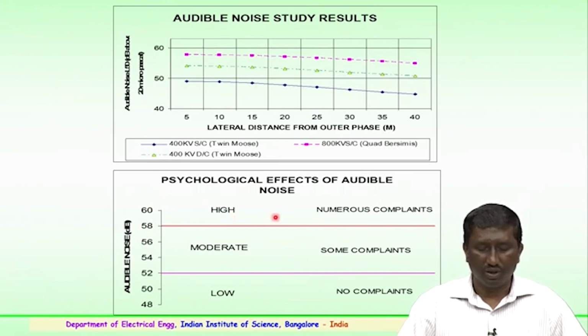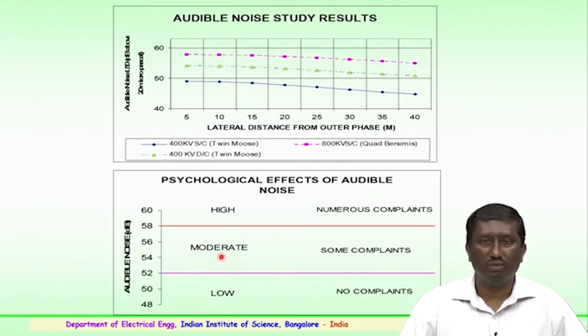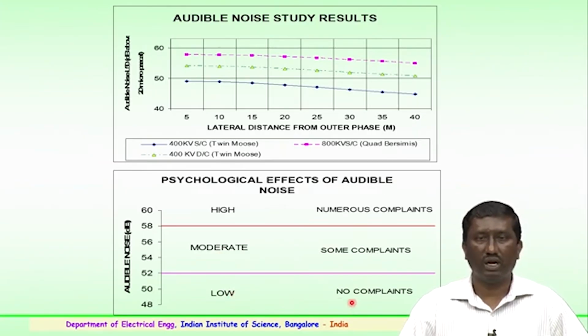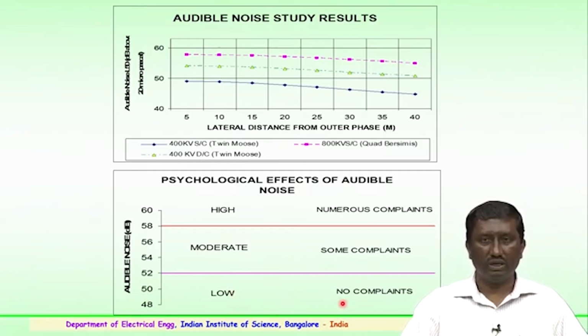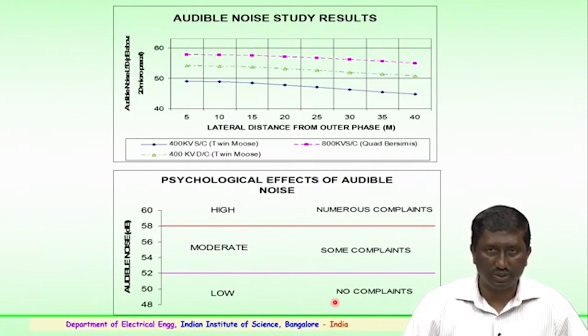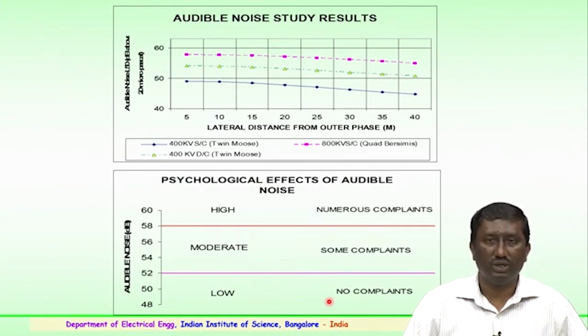Above 60 decibels, there are numerous complaints which cannot be tolerated, and they are very high, and anywhere between 52 to 58 there are moderate complaints. When the operational level is lower than 52 decibels, not many complaints have been seen. So, the study was conducted near transmission lines where EHV and UHV conductors are being used.